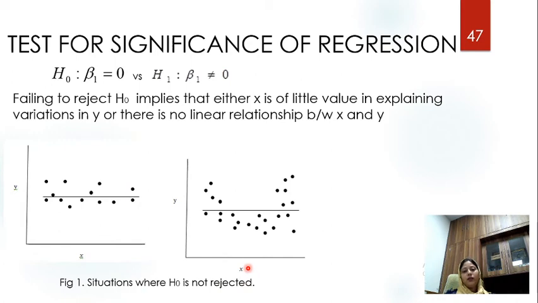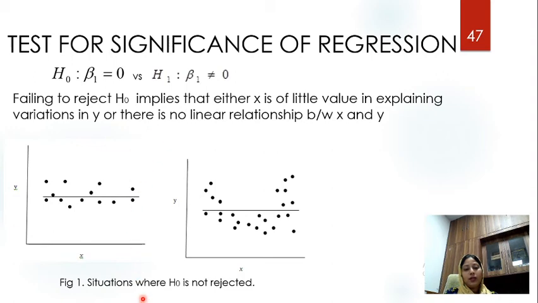Now, test for significance of regression. To test the null hypothesis beta 1 is equal to 0 against the alternative beta 1 is not equal to 0. Failing to reject the null hypothesis implies that either x is of little value in explaining variations in y, or there is no linear relationship between x and y.